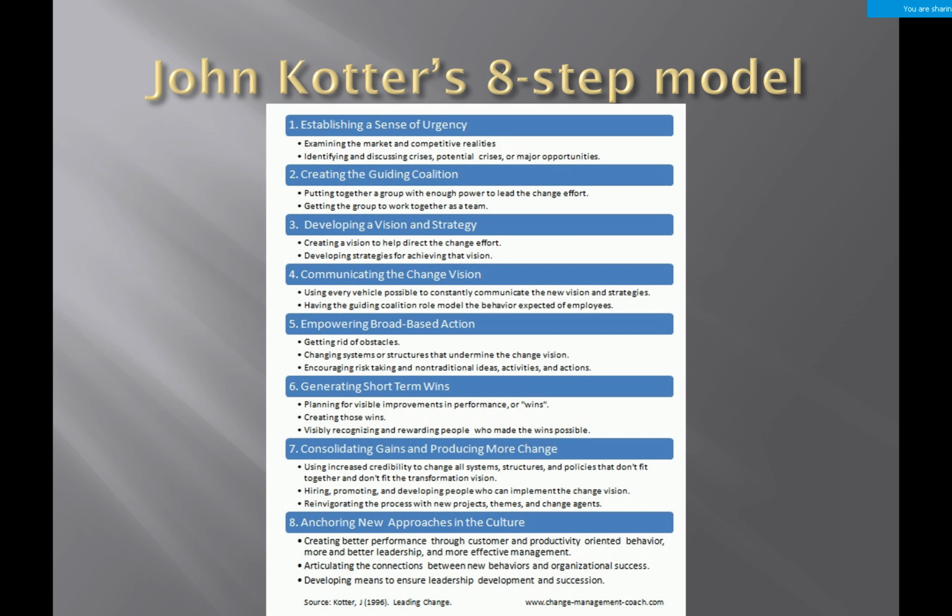This concept was formally introduced by Kotter. So it's very important. A lot of organizations, when they want to do transformational change, don't do this step, establishing a sense of urgency. That's why they fail. This is a very important step.